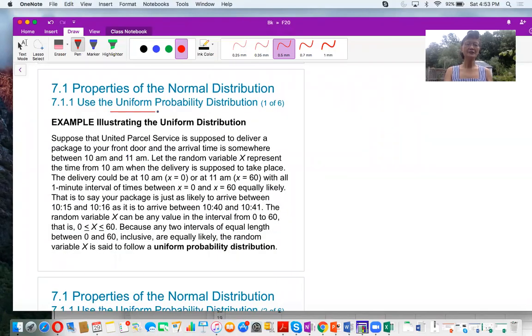Let's look at the uniform probability distribution first by taking a look at an example.